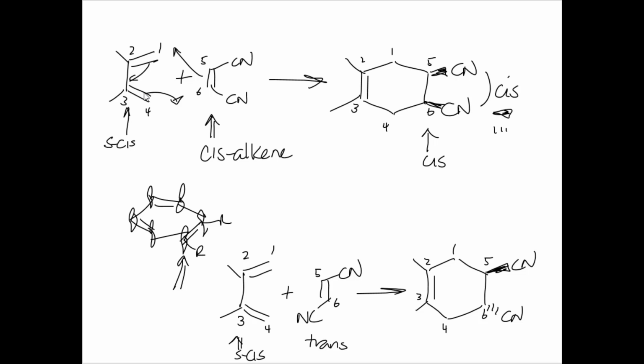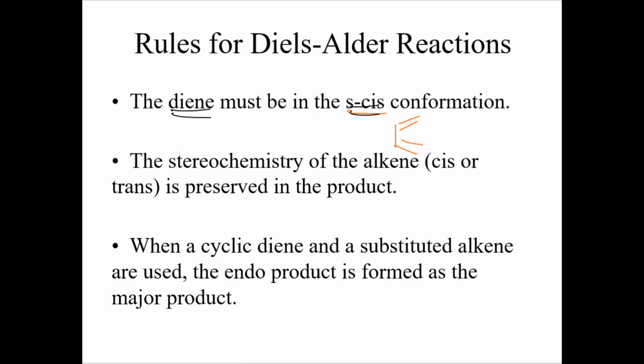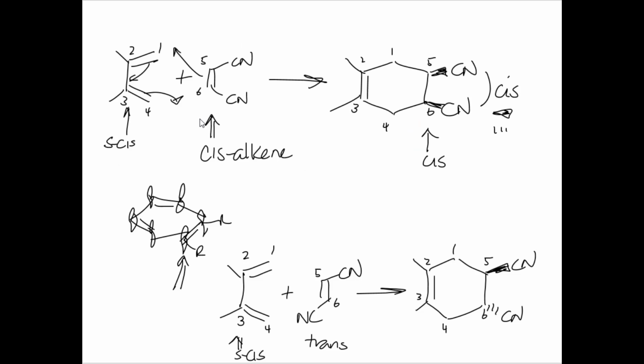So here is an example of that. And then the second was that whatever the stereochemistry of the alkene was, that is preserved in the final product. So if the alkene is cis, then those two groups end up being cis in the cyclohexene ring. And if they were trans, then those two products would be trans.